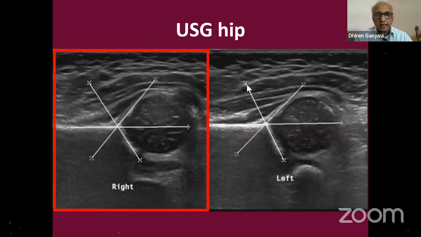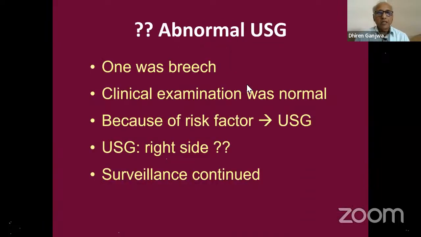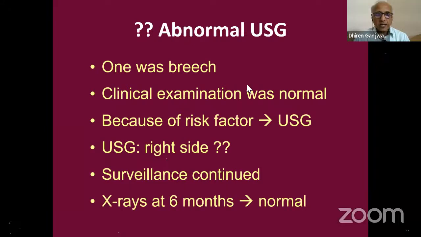So the right is abnormal; the ultrasonography of the right hip is not normal. So surveillance was continued and an X-ray was suggested and it turned out to be normal. So that completes it, and now this child only requires surveillance till the age of 18 months.